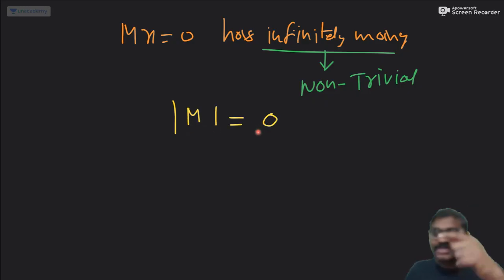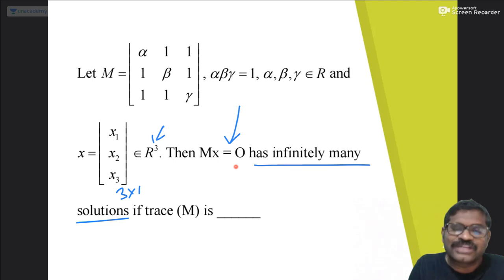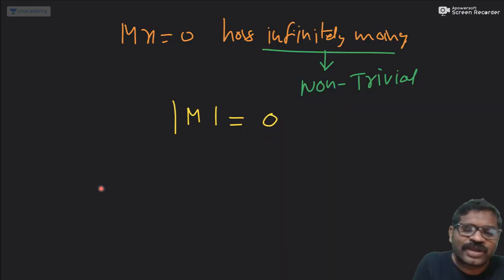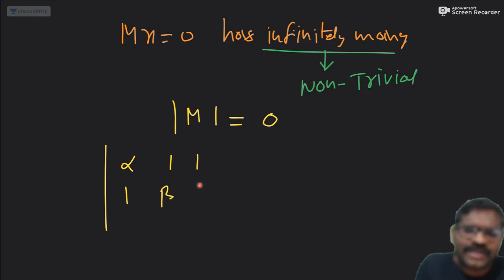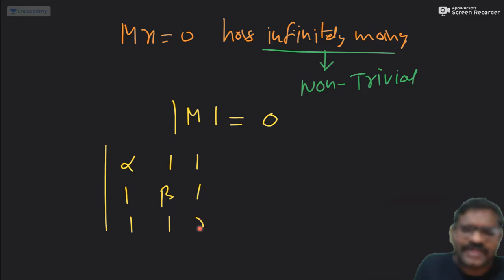Reverse: non-zero solution means determinant is 0, and trivial solution means determinant is non-zero. So now determinant value of M equal to 0. What is M? Alpha 1 1, 1 beta 1, 1 1 gamma equal to 0.